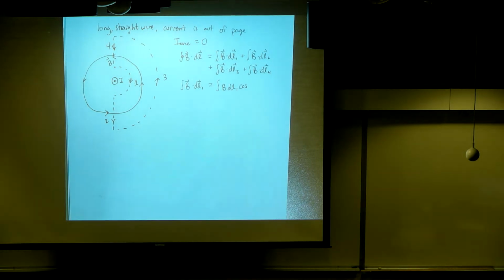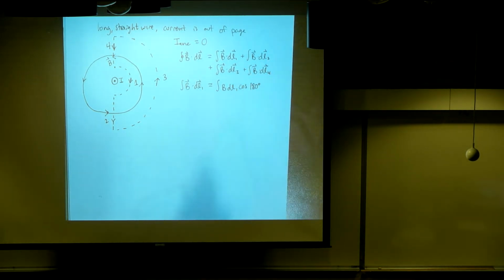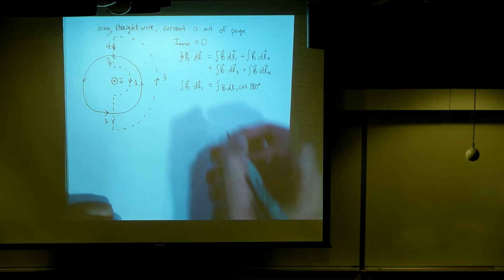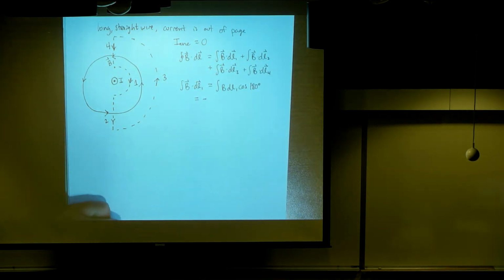What would the angle be for path number 1 between my path and my B field? 180. They're directly opposing each other, right? All right, what is cosine 180? It's -1. So overall, this introduces a negative sign.